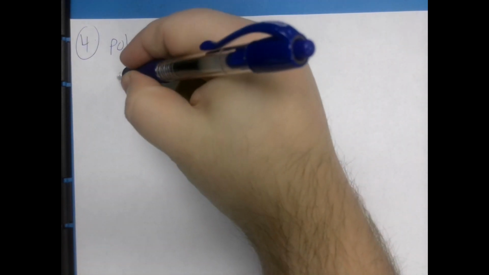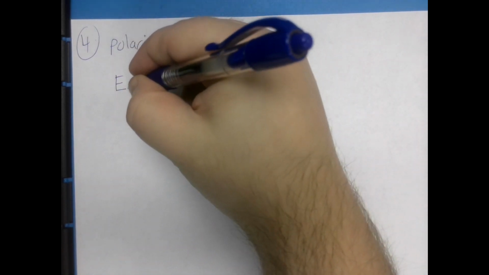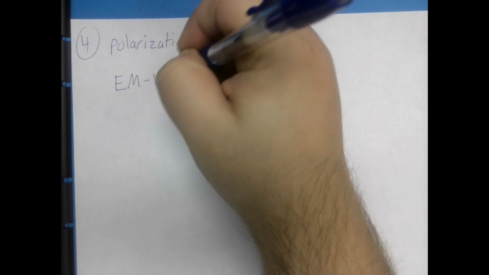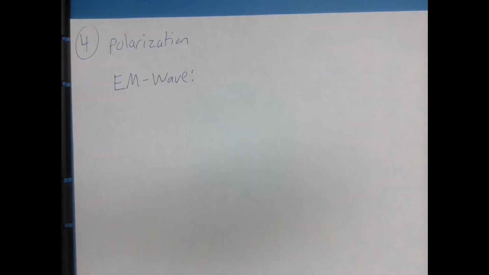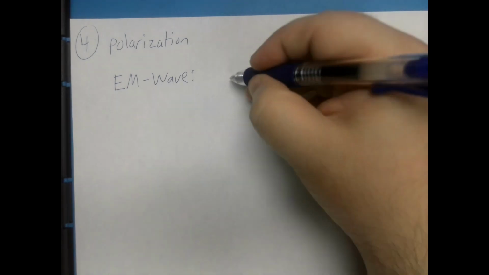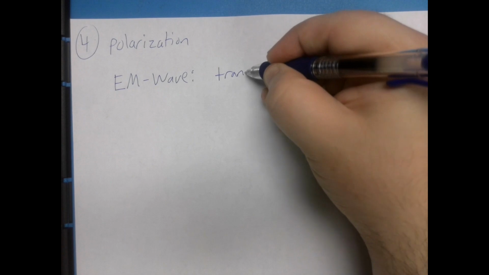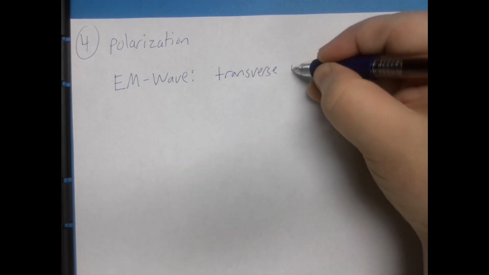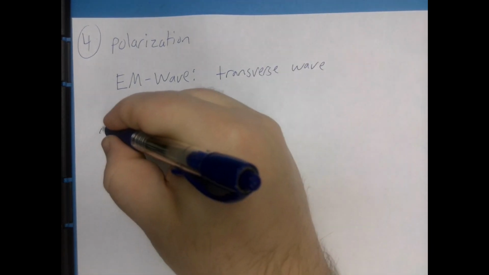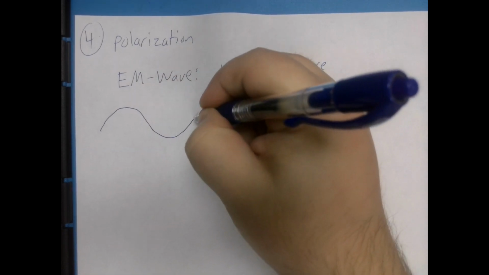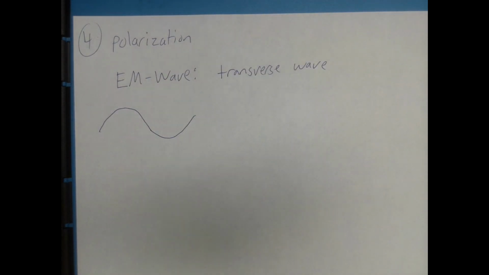So what type of wave is an EM wave? What type of wave is an electromagnetic wave? This is your previous test, the second question on it. Transverse wave. That means it's shaped like this. And this is in the real world.